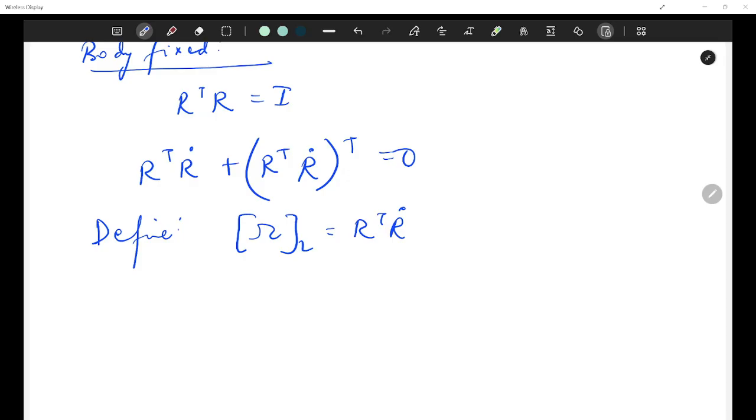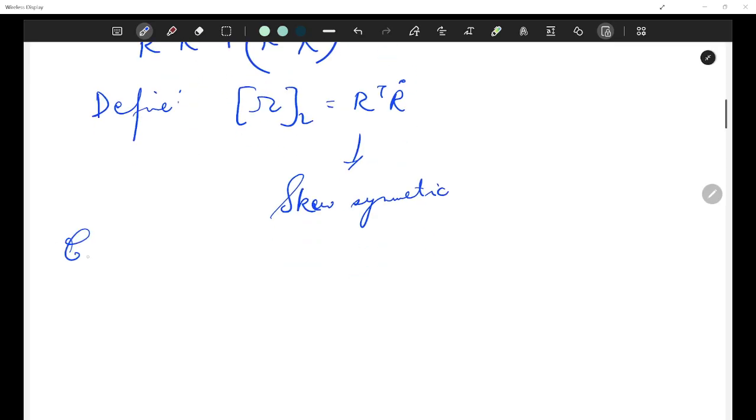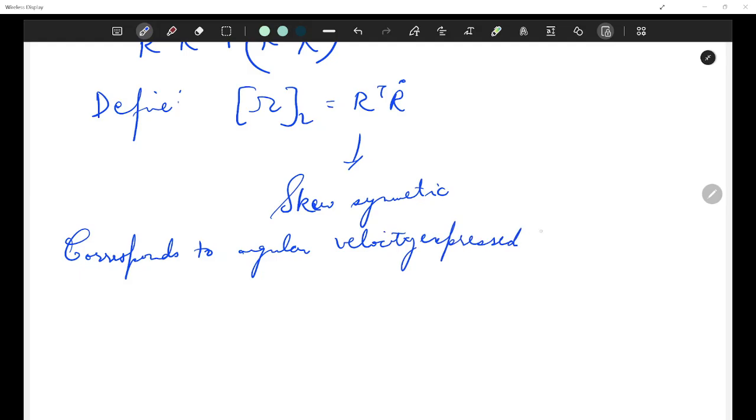This is also skew symmetric, and it corresponds to angular velocity expressed in body frame. Okay, so the relation that we have is the following: omega s is R times omega b.